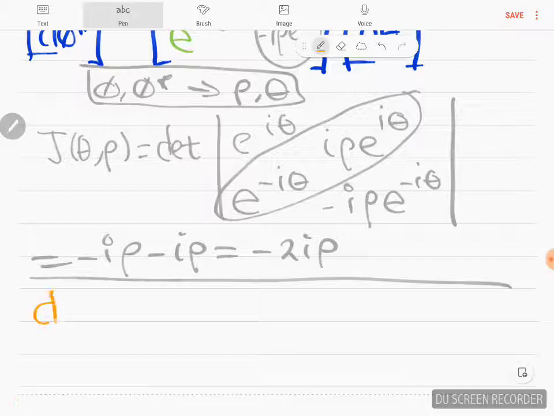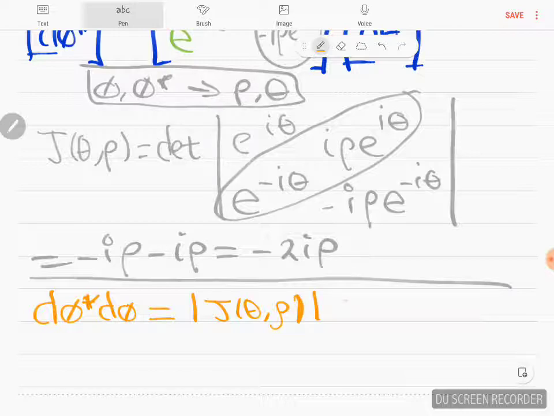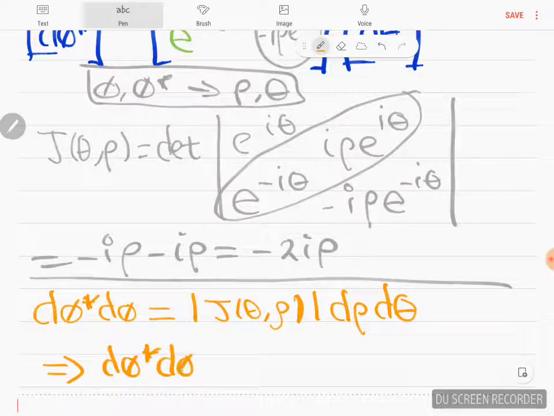So this volume element is equal to the absolute value of the Jacobian of the transformation times d rho d theta. That means that d phi star d phi is equal to the absolute value of this thing here, which is 2 rho d rho d theta.